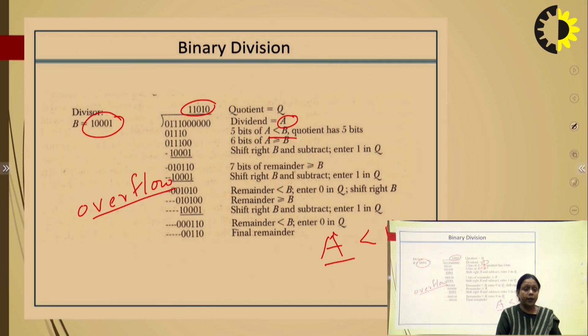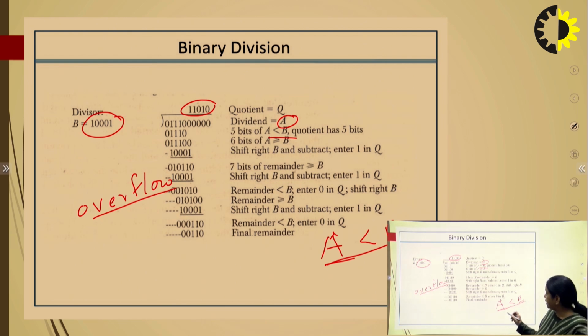For example, if we have a register of 5 bits, only a 5-bit quotient can be stored in the 5-bit register. So the quotient should be 5 bits. If it is more than 5 bits, then there will be a problem of division overflow. In this way we can compare the value of A and B. If the value of A is less than B, it means the quotient will be of 5 bits.